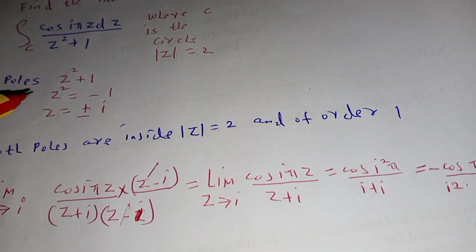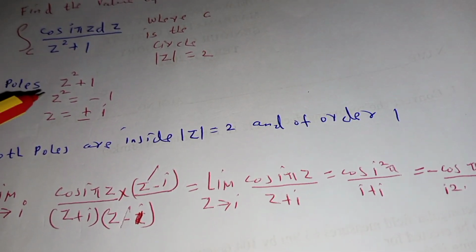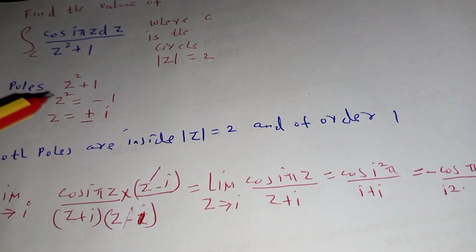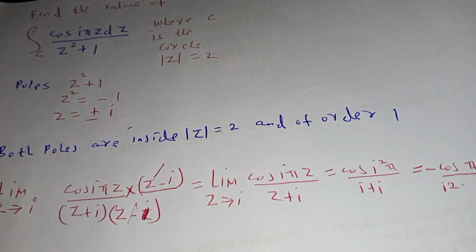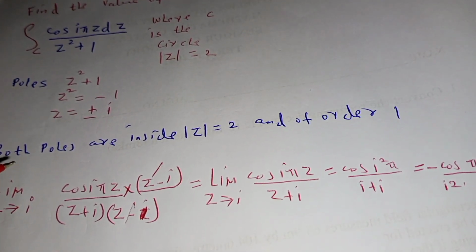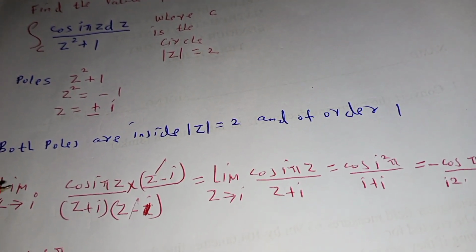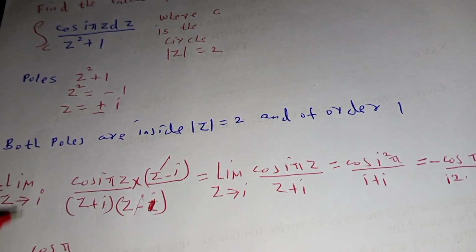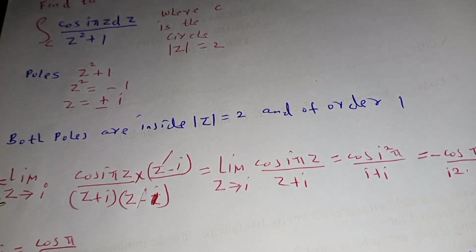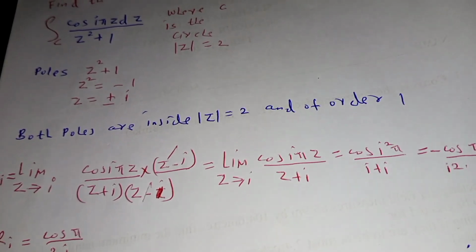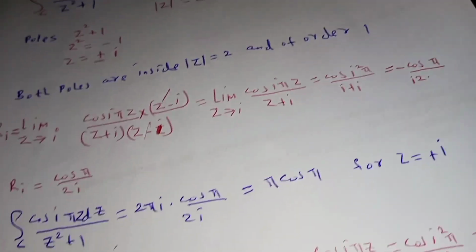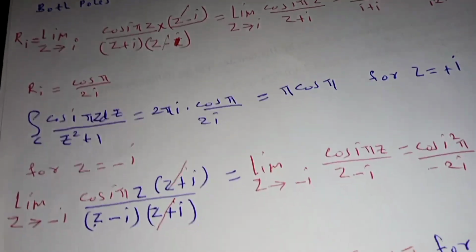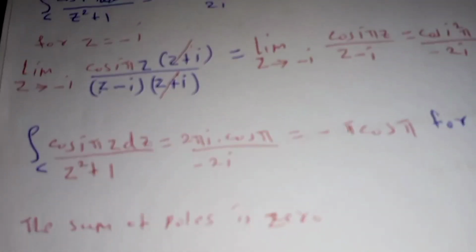Once you identify the poles, find whether they are inside or outside. In case they are outside, then the sum of the residues will be 0. If they are inside, identify the order. Then from there, find the sum of the residues. After finding the sum of the residues, apply the Cauchy integral formula, and through that you are going to find your answer in those simple steps. Then it is going to work for you.